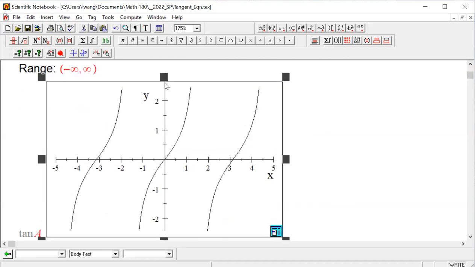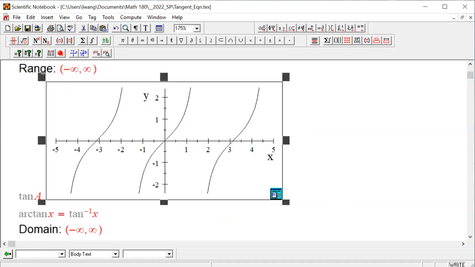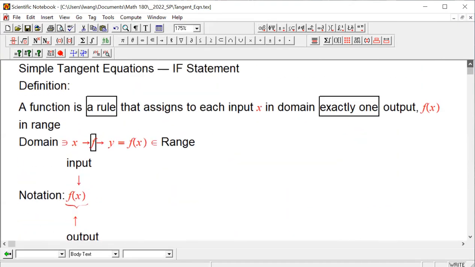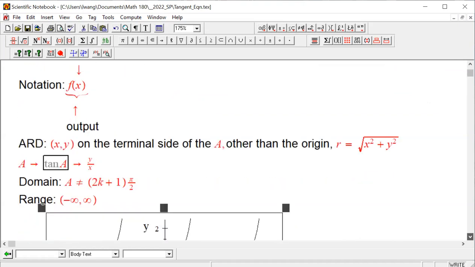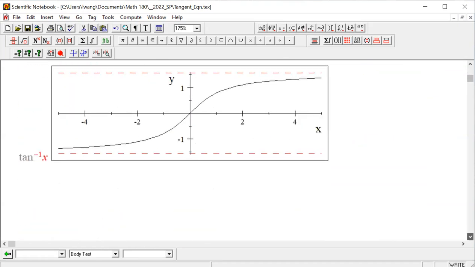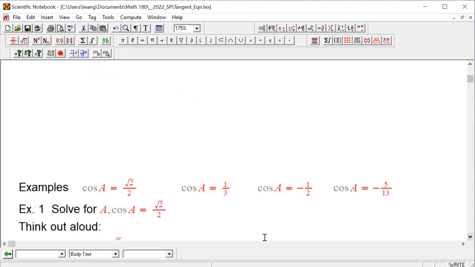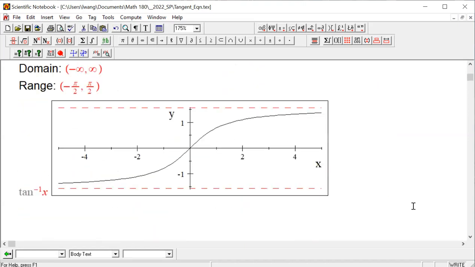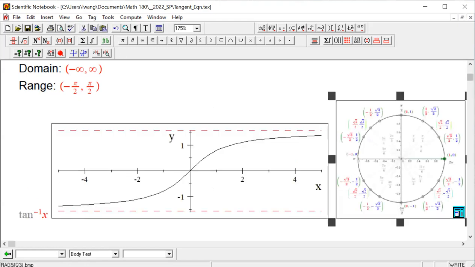So the next topic we have today is to solve equations, to deal with the if statement, right? In the previous lessons, we talked about the if statement for sine and cosine, and now it's the turn for tangent. And when we talk about tangent, we also mentioned the unit circle perspective. I'm going to put it here in another picture.